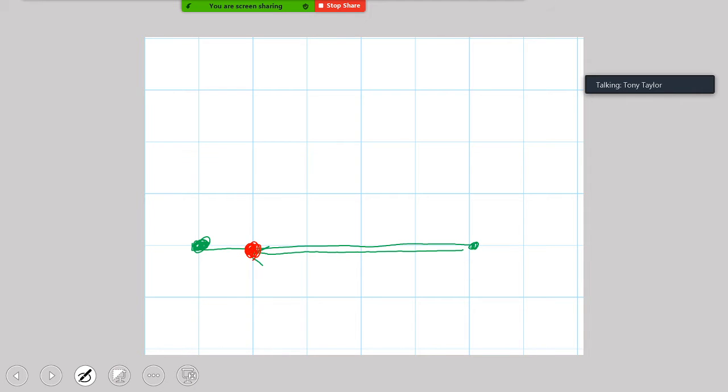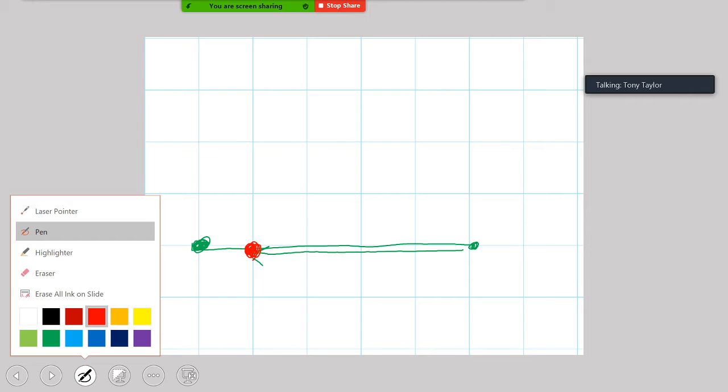Can anyone tell me what is my distance and what is my displacement? So I walk 5 meters east, 4 meters to the west.